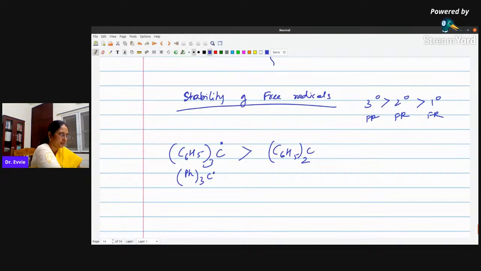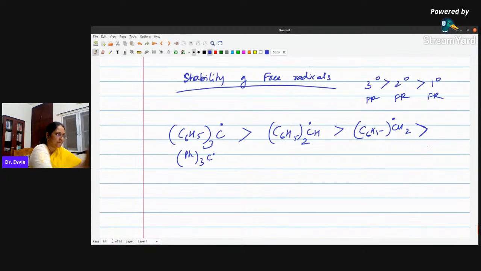So don't get confused. Here it will be Ph2CH free radical, which will be greater than C6H5CH2 free radical. There will be a slight change you can see there, when you compare with the carbocation. Next one will be CH2 dot CH double bond CH2, your allylic free radical.